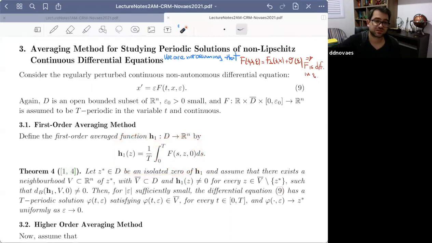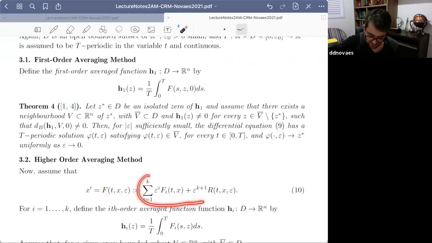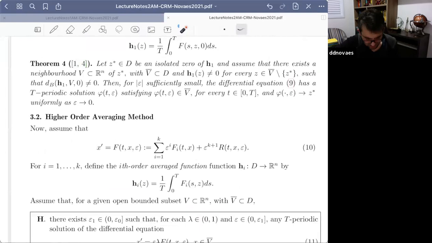So the question is, is there a way we can, for instance, assume that this function can be written as a power series of epsilon, still not assuming differentiability in the variables t and x. Suppose that f is given as a power series of epsilon. Can we use these functions in order to produce and explore conditions for the existence of periodic solutions for this differential equation? That's another question.